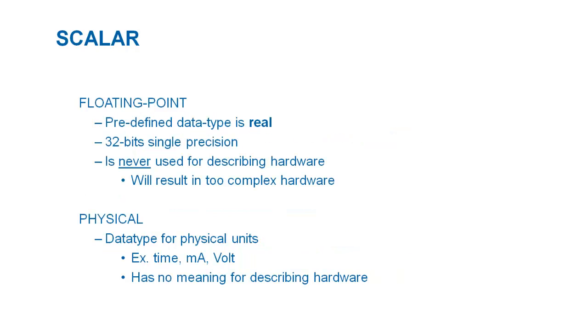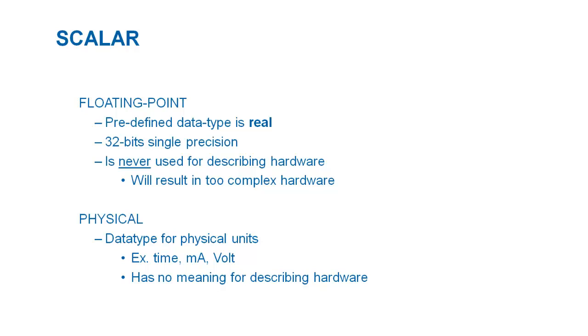Floating points are available, and they are of type scalar, and that also means they are available in VHDL. They are also implemented as 32 bits, but they are not supported directly for implementation, so you need to implement your own algorithm, or you need to buy a component from a vendor that can help you to implement floating point.